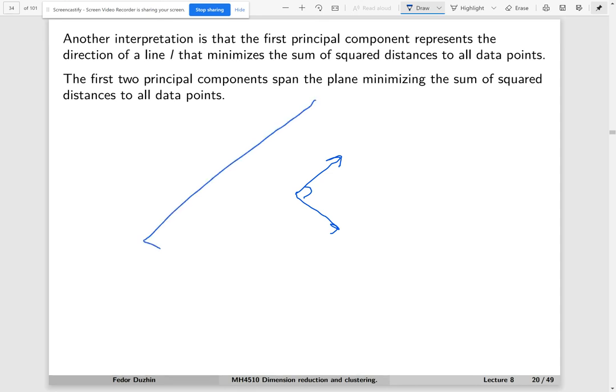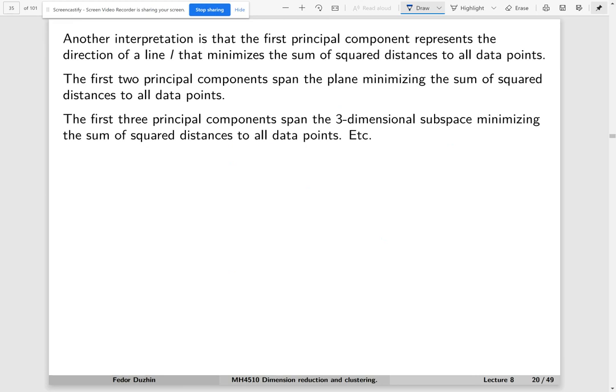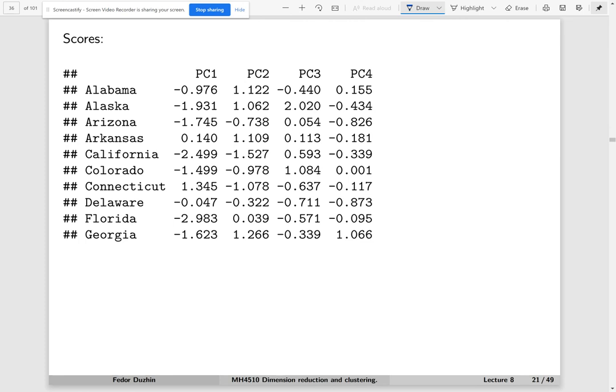The second condition is that the plane spanned by the first 2 vectors minimizes the sum of squared distances from all the data points to this plane. So the first 3 principal components are mutually perpendicular, and they span the 3-dimensional subspace minimizing the sum of square distances to all data points, and so on and so forth. Right, so that was another interpretation of principal components.